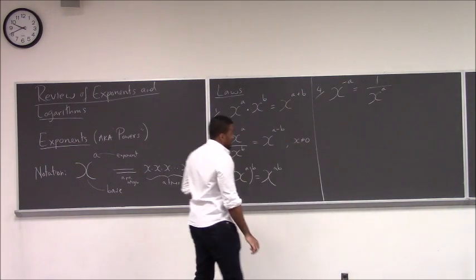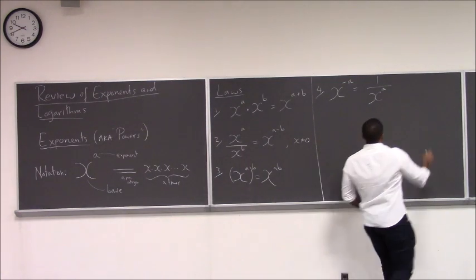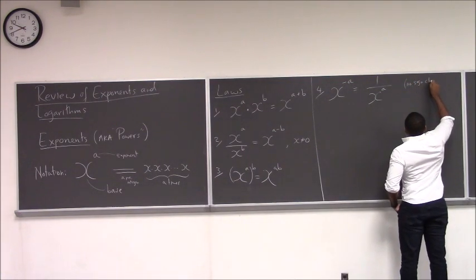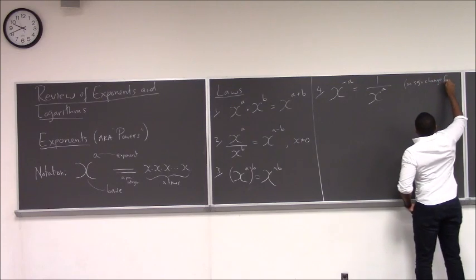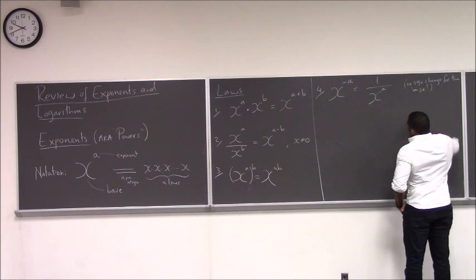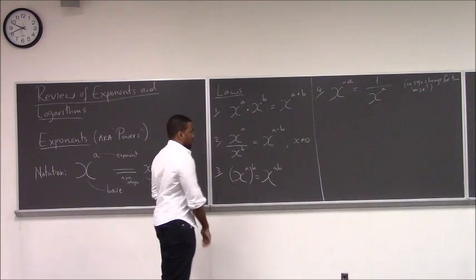So you don't take the reciprocal of the power, it means the reciprocal of the thing. And notice here, there's no sign change. Negatives in the power do not make a sign change down here. So that's something that's important.